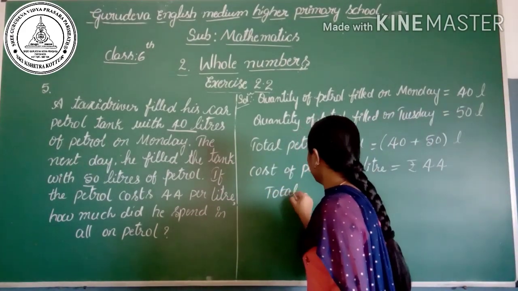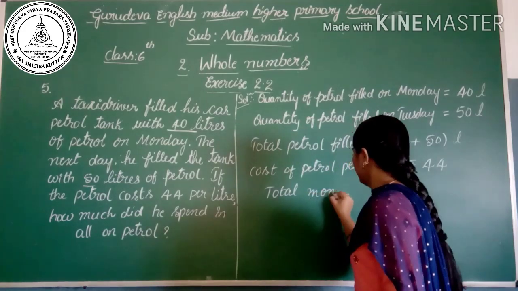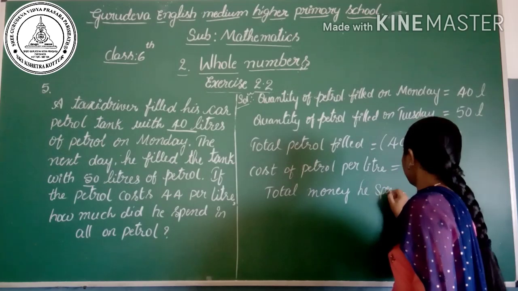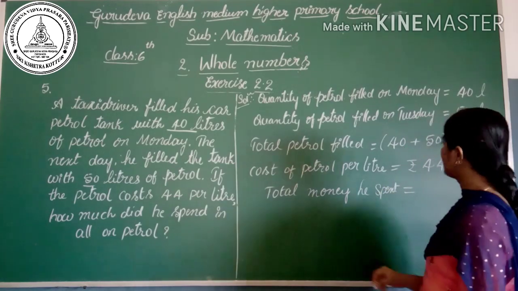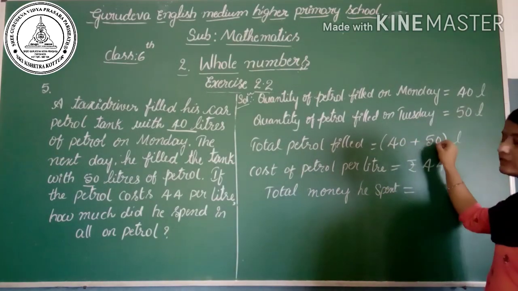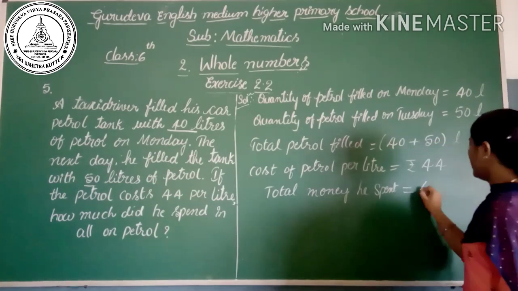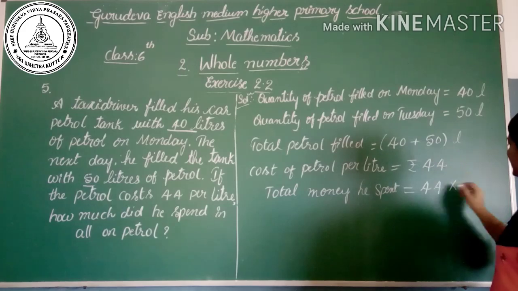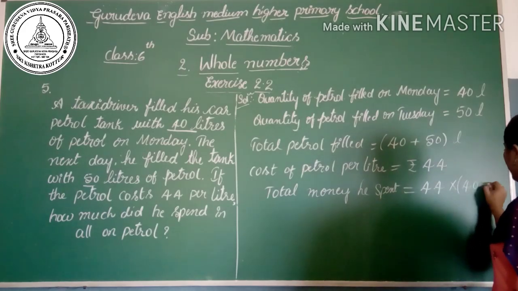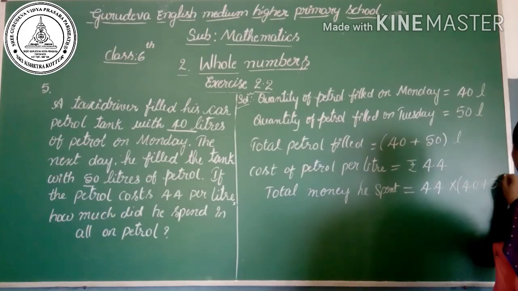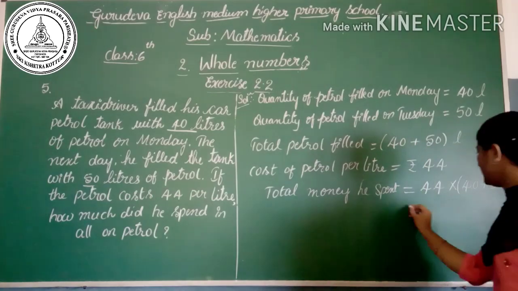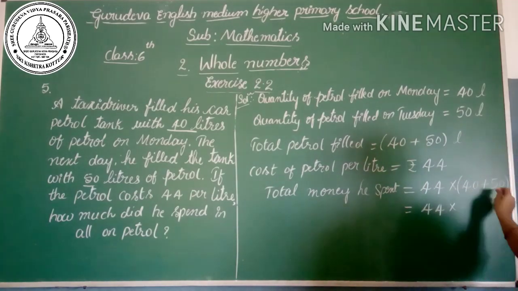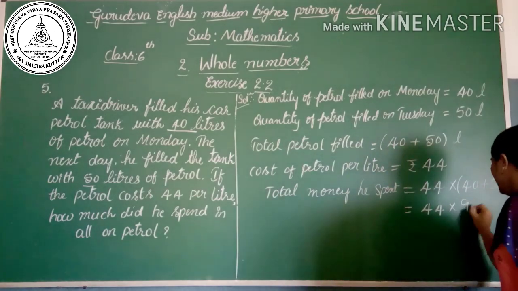Total money he spent, which is equals to 40 plus 50 into 44. The cost of the petrol is 44 into 40 plus 50, which is equals to 44 into 90, since 40 plus 50 is 90.